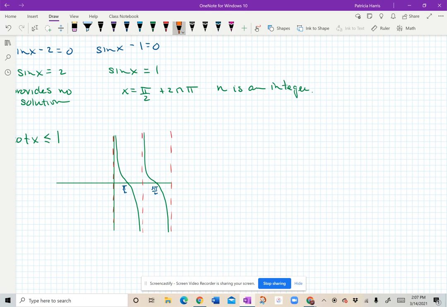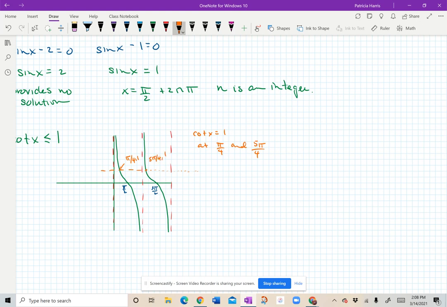So let's say here's 1. Cotangent is equal to 1 at pi over 4 and 5 pi over 4. So this point right here is (pi over 4, 1), and this point right here is (5 pi over 4, 1).